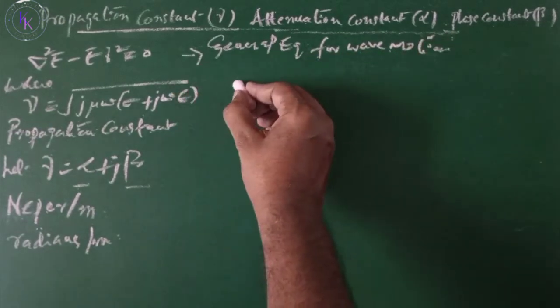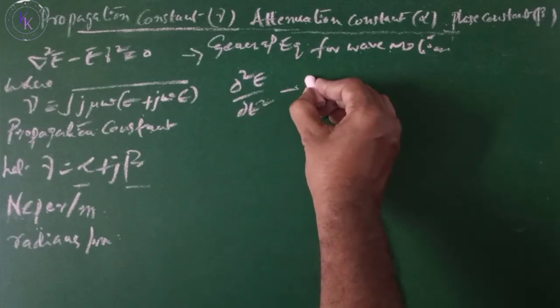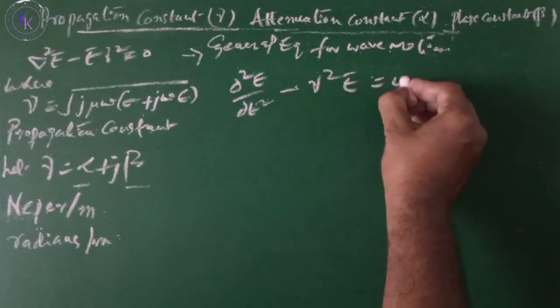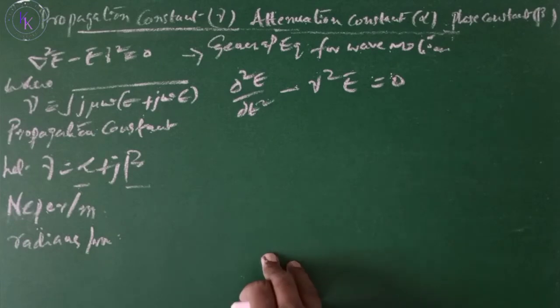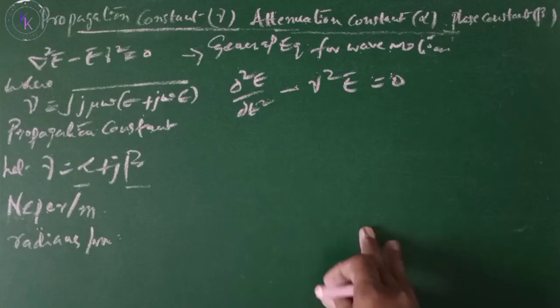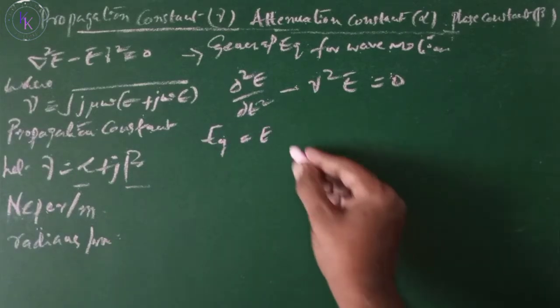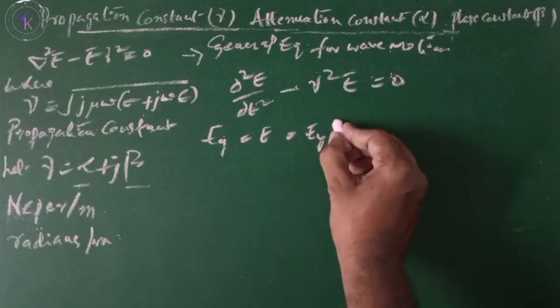Now consider the general equation for wave motion. This can be written as dou square E by dou x square minus gamma square E equals 0. Let the wave be assumed to be traveling in the positive x direction. Then the electric field E has no component along the x and z axis, so Ey equals E, that equals Ey Uy.